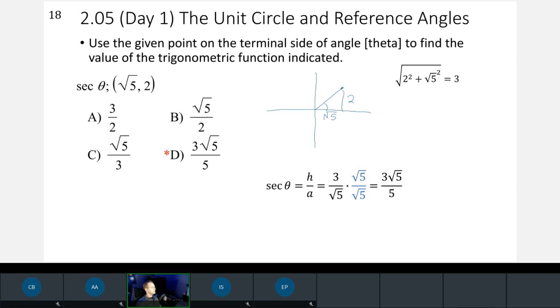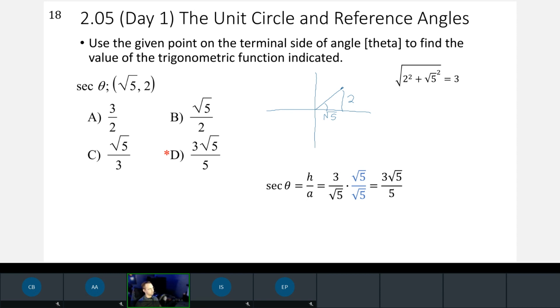All right, let's see. Use the given point on the terminal side of the angle theta to find the value of the trig function indicated. So we want secant of theta, and the coordinate is radical 5 comma 2. It doesn't matter if you graph that point accurately or not.